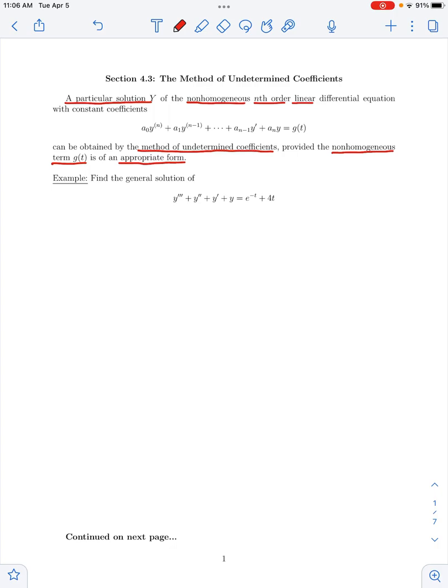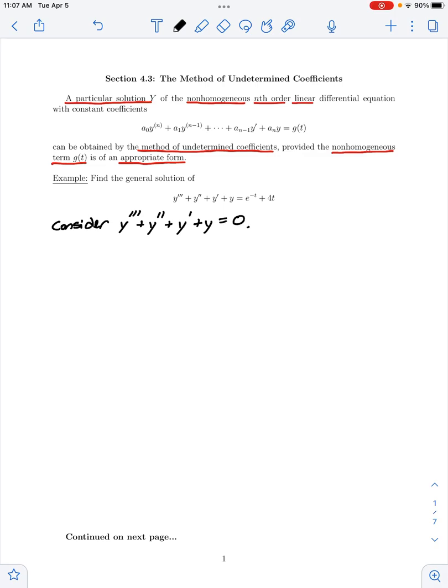In this first example, we are asked to find the general solution of this third order linear non-homogeneous equation with constant coefficients. So we know our first step to solve a non-homogeneous equation is to consider the homogeneous equation. y triple prime plus y double prime plus y prime plus y is equal to 0.